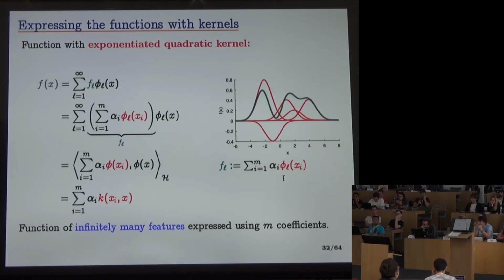Yep. So basically, I have a function of two arguments, x and x prime. Now, I would like that function of x and x prime to be a dot product between features of x and features of x prime. This is the core property. This property is true if and only if k is positive definite.